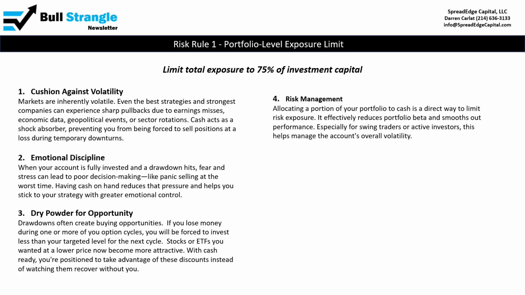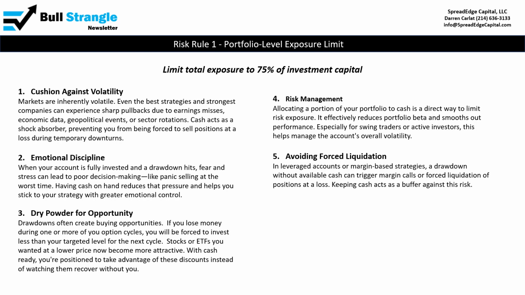The next is just risk management. Allocating a portion of the portfolio to cash is a direct way to limit risk exposure. It effectively reduces portfolio beta and smooths out performance, especially for swing traders or active traders. This helps manage the account's overall volatility. And then lastly, it will avoid forced liquidations.